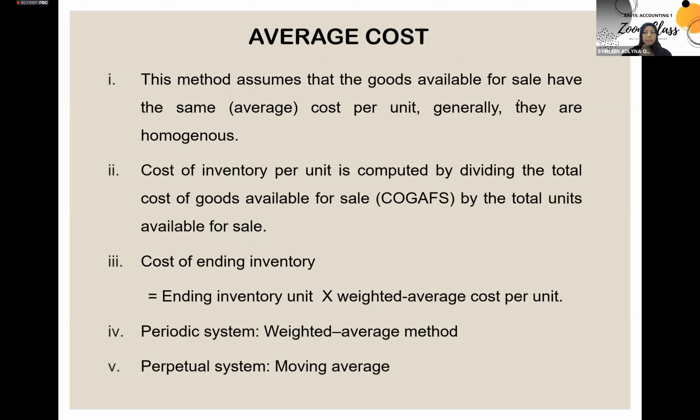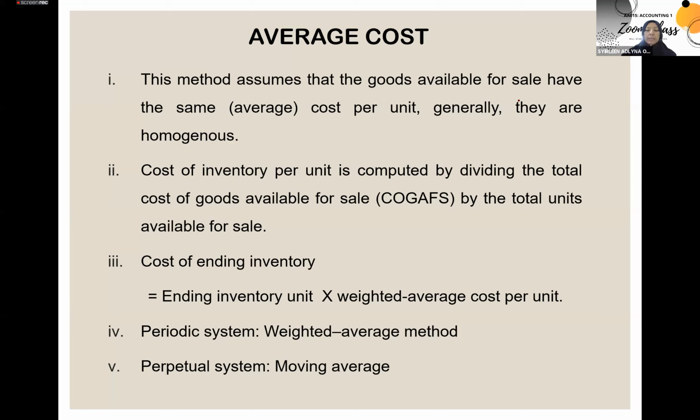Okay, average maksudnya purata. So dia tak kira lah bila awak beli, tapi cost untuk seunit barang dikira berdasarkan purata. So let's say kita ada beli 4 kali pada 4 harga yang berbeza. So bila awak nak kira harga cost seunit barang, you akan campurkan semua 4 tadi, and kita akan bahagikan dengan bilangan unit yang kita beli, and you'll get the price for one item.